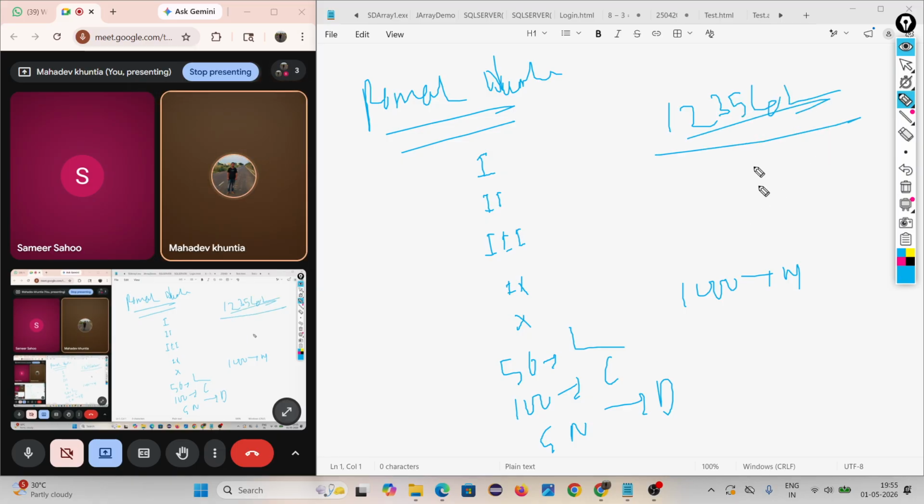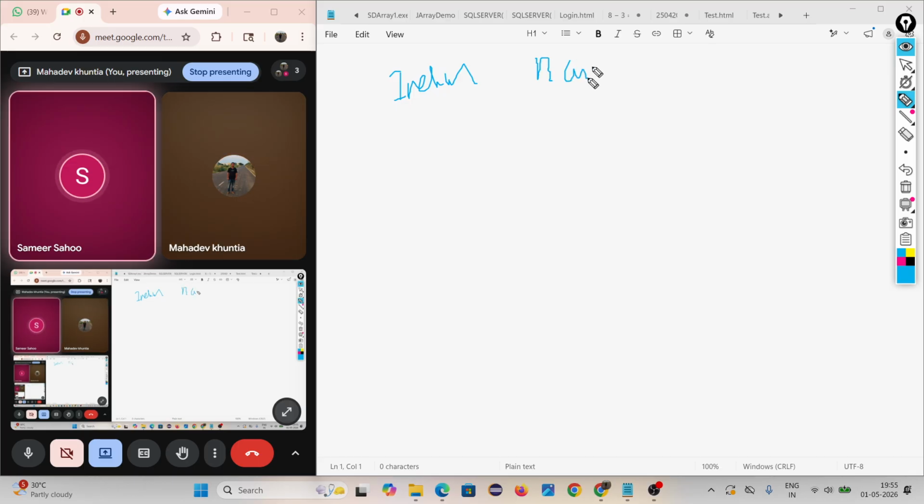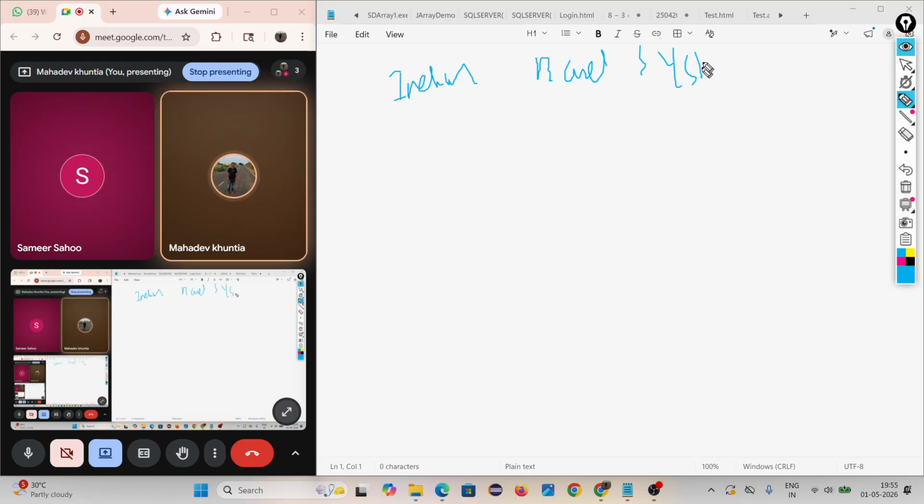It will take lots of time to write this number. So that's why all the world is going to learn the Indian based system of numbers.